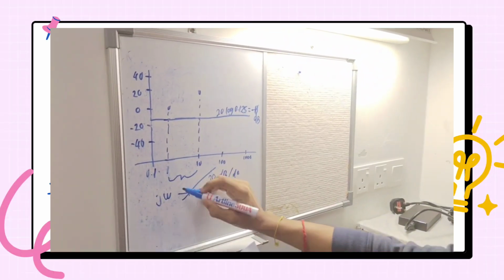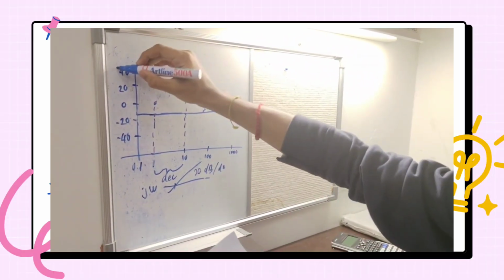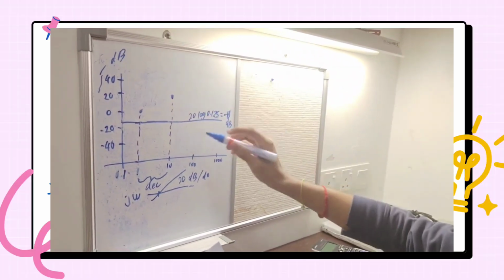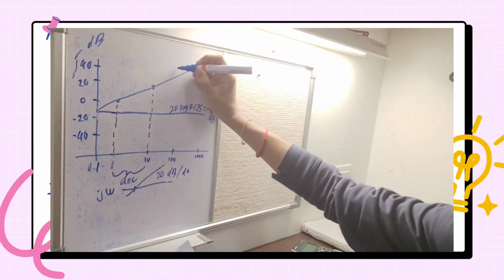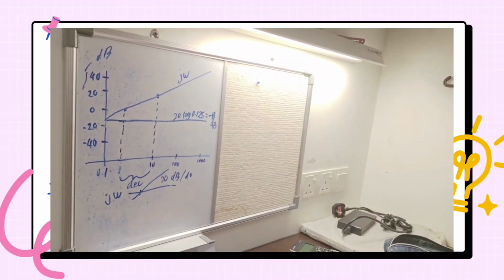This is a decade and this is dB. So we sketch, then label it as j omega.